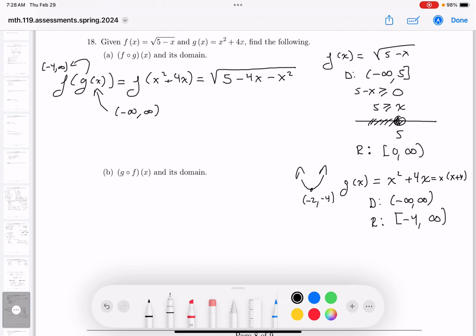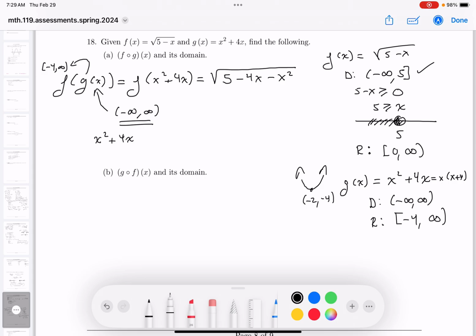Now, the bottom line is you're looking at f, and I hope you realize that that's not good. So someone says, what do you have to do now? I have to restrict it. So I'm really restricting this domain over here. And again, if this is over your head, I would say let it go. But I'm going to write this down. g is x squared plus 4x, and minus 4 to infinity is not what I want.